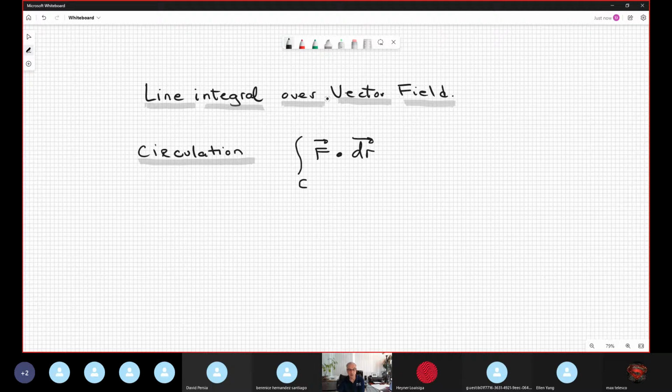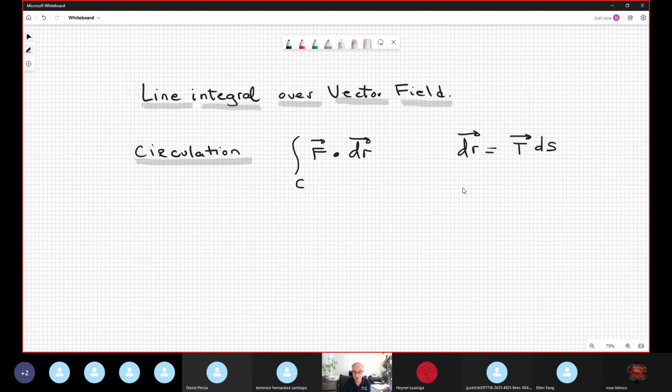It's obvious that it's a vector, because it's a dot product in between two vectors, no? So now, dr is the vector, equal to the tangent vector. Okay, dr is also possible, there are many ways to express the formula for dr.